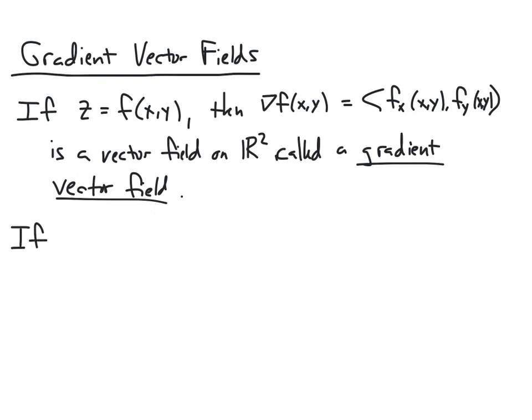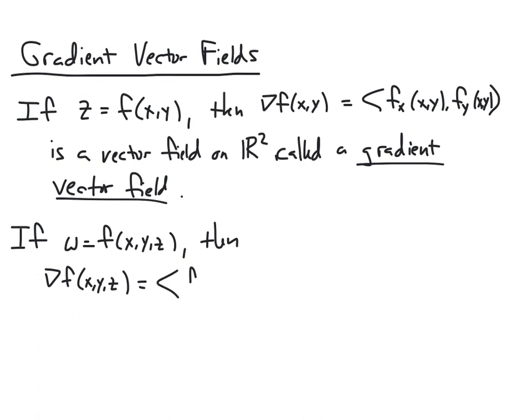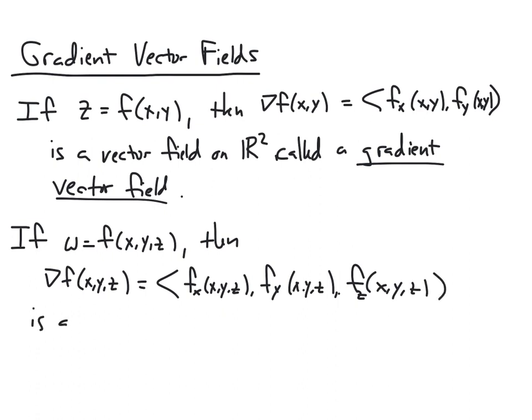Similarly, if I have a function w, which is a function of x, y, and z, so a three-variable function, then the gradient vector of f of x, y, z, which is defined by the partials with respect to x, y, and z, is a vector field on R3.